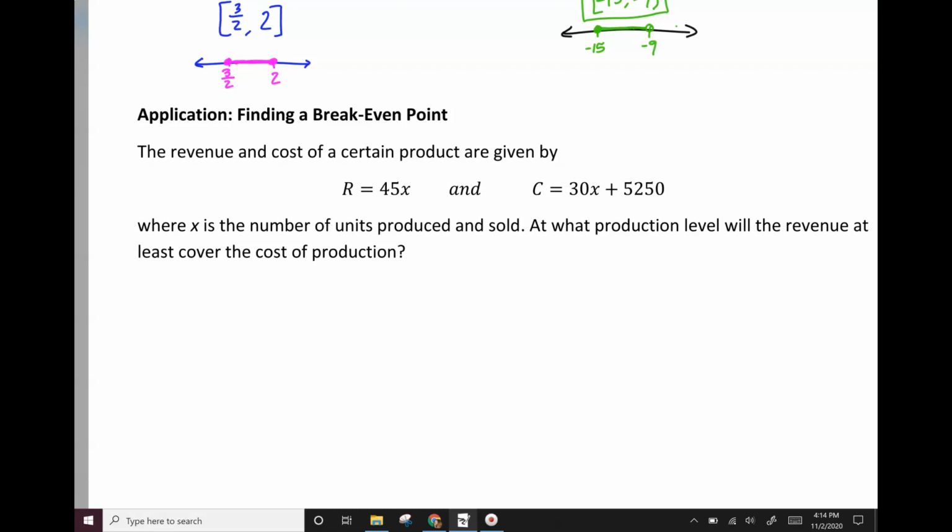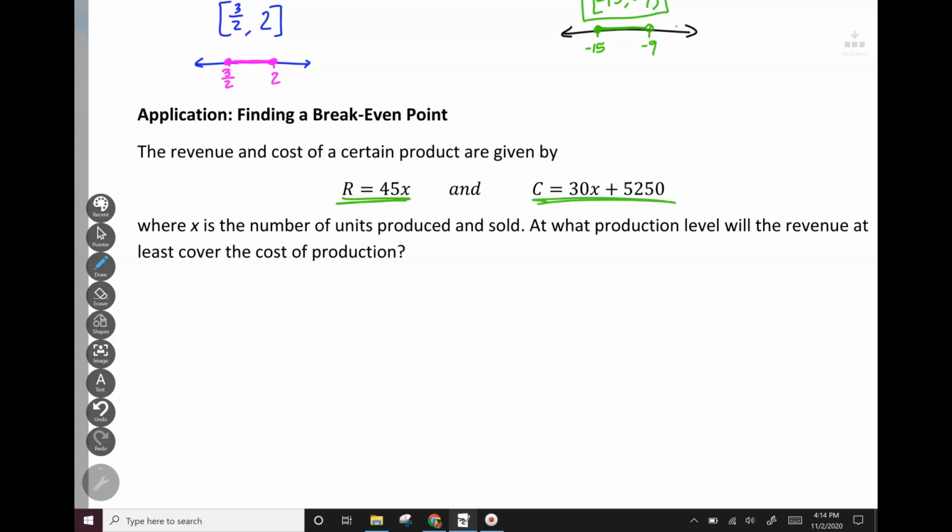So we've got a revenue equation, and revenue is how much money you get total. So you're selling a product, you earn a bunch of money, that's the revenue. Revenue is the money before you subtract the cost. Cost is obviously the cost of actually creating the item and selling it.